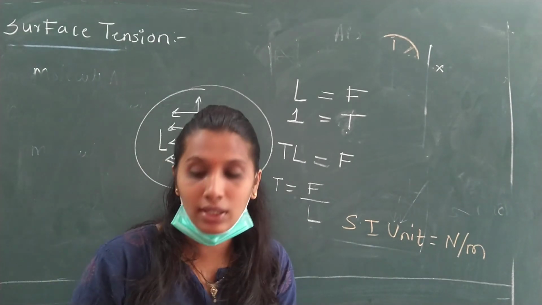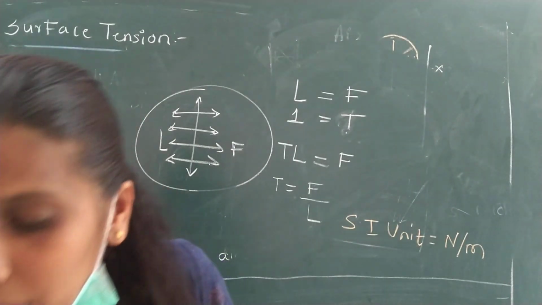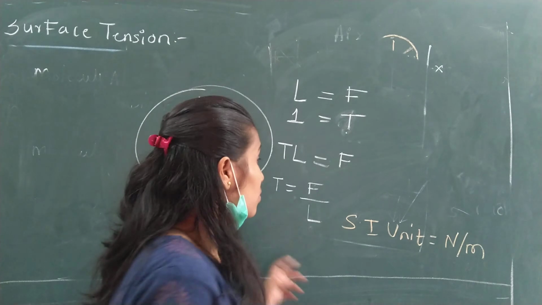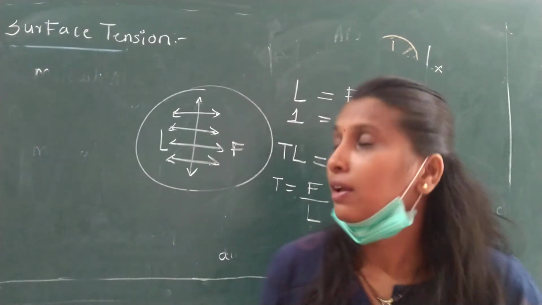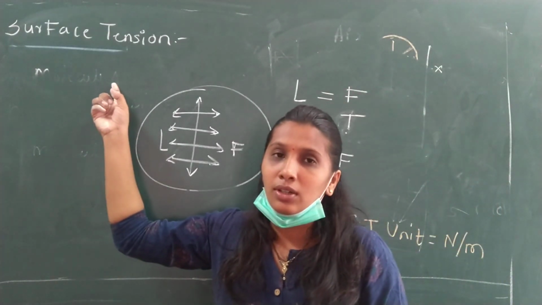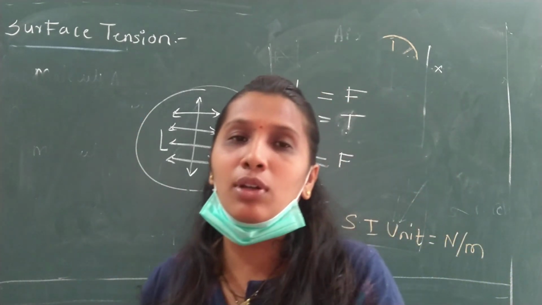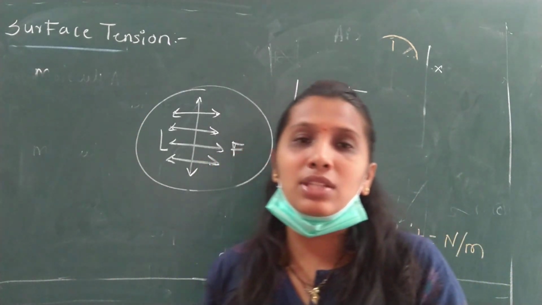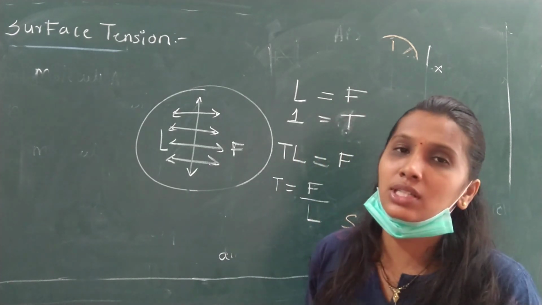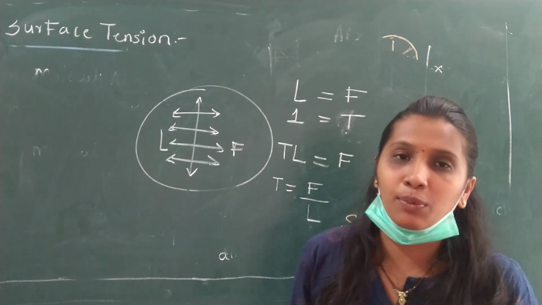I hope you are satisfied with today's lecture. So I will repeat what we have seen. We started with surface tension. Then first we saw the molecular theory of liquid. We saw a few forces which are important for studying the molecular theory of liquid.